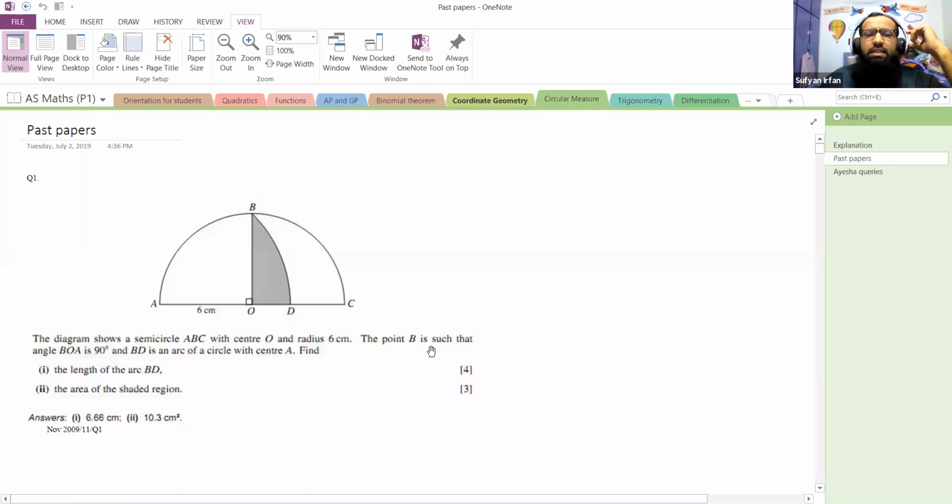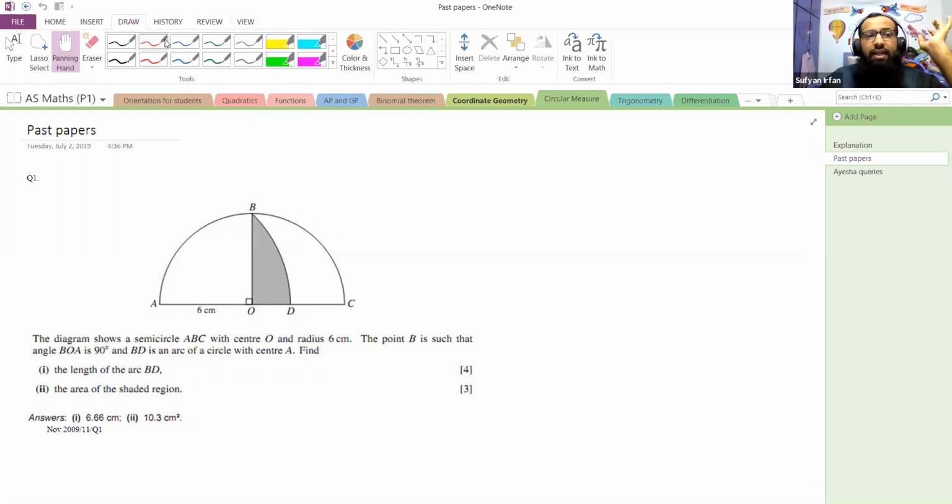Now, the point B is such that angle BOA is 90 degrees. When we saw this angle of 90 degrees, we realized that the examiner is dealing with angles in degrees. But as this is a question of semicircles and circles, we have to apply the knowledge of circular measure.